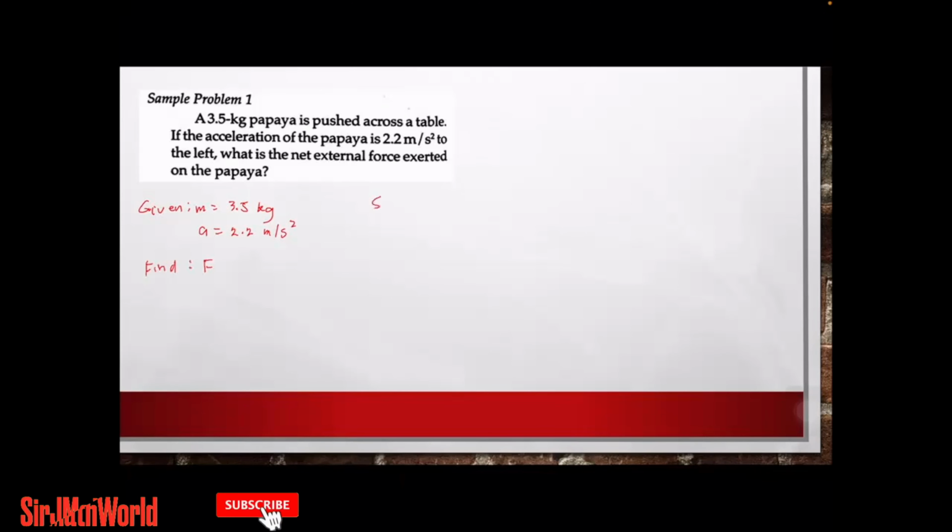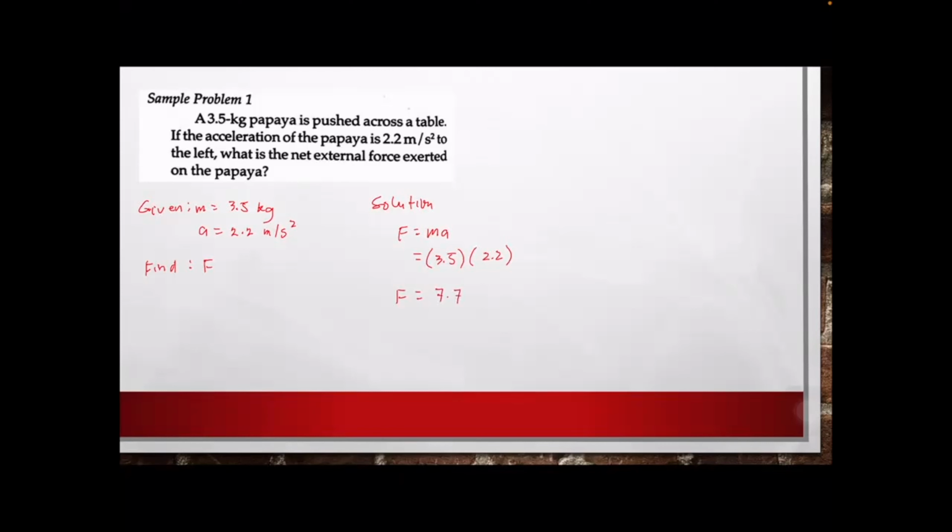So solution, we can have F is equal to ma. So the mass is equal to 3.5. Then the acceleration is 2.2. So therefore, your F, just multiply 3.5 times 2.2. Magkakaroon tayo dito ng 7.7 N. Bigger N. That's considered as a Newton.